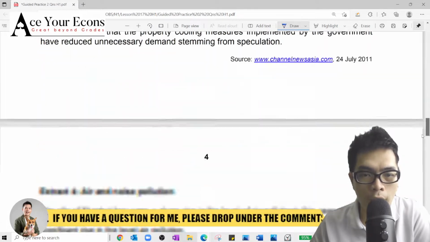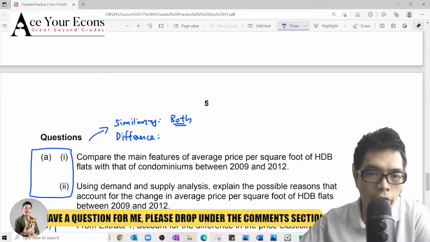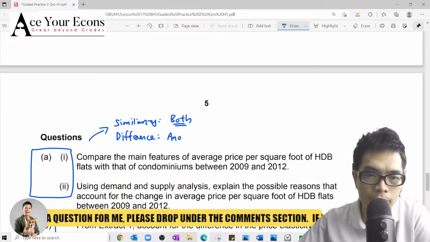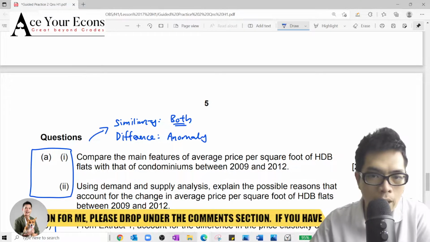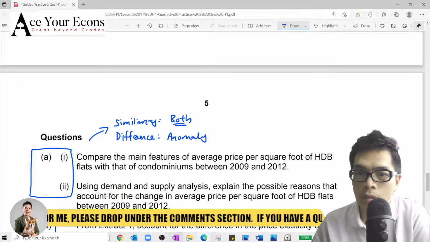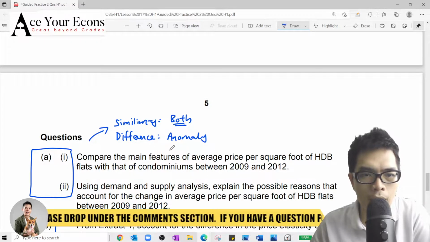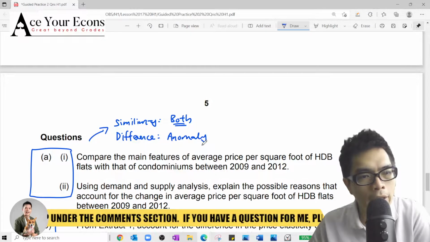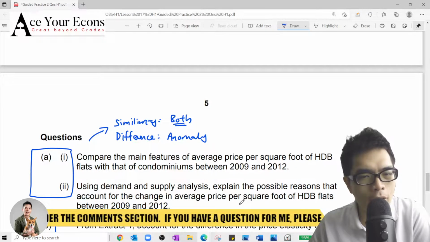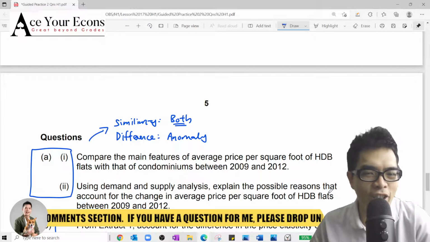There are a lot more, but you can find other things to talk about. You want to find an anomaly here. In this case, Cheryl picked up a rate of change. I will show you other variations later. But a side note, the difference that you identify in A part 1 is not going to help A part 2, because A part 2 requires you to look at HDB flats.